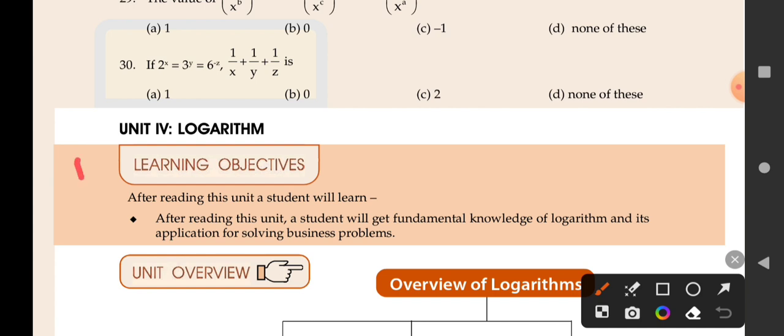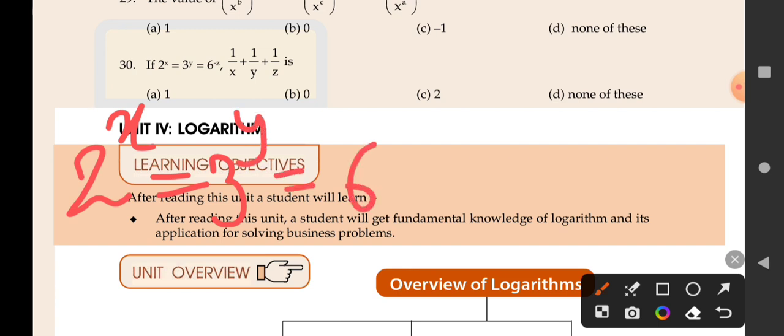Okay, so let us see. With the help of constants, 2 power x equals 3 power y equals 6 power minus z equals k. Let us simplify what x equals in terms of k. Yeah, correct.